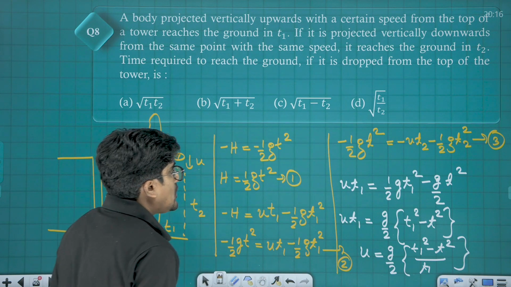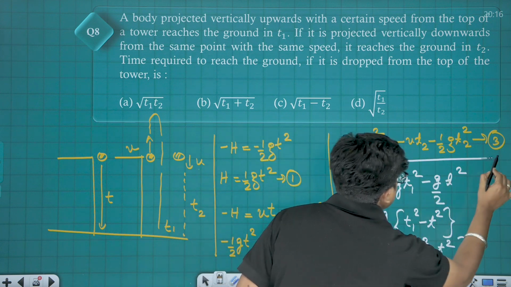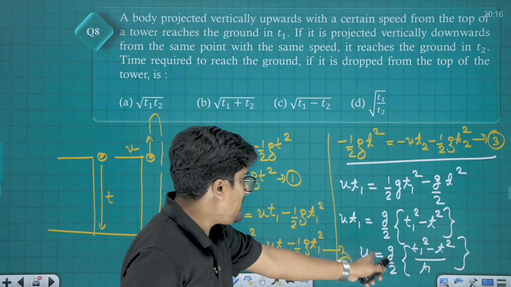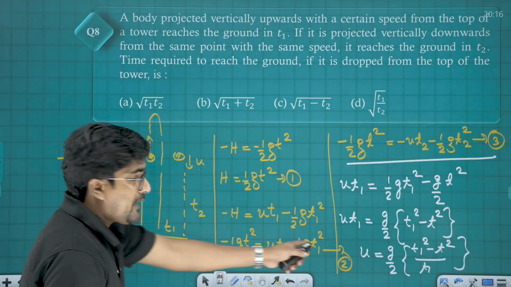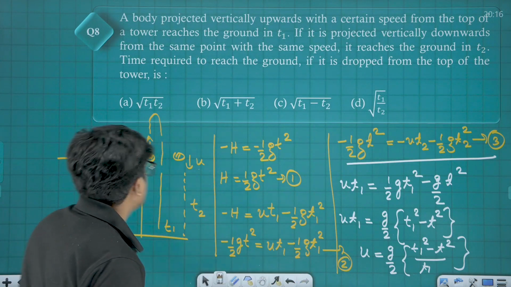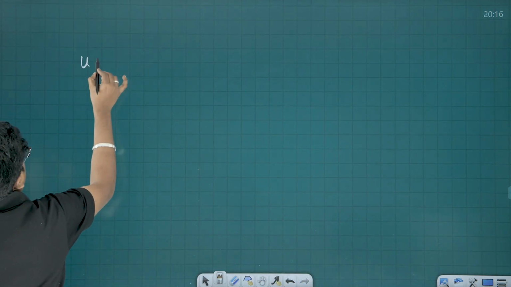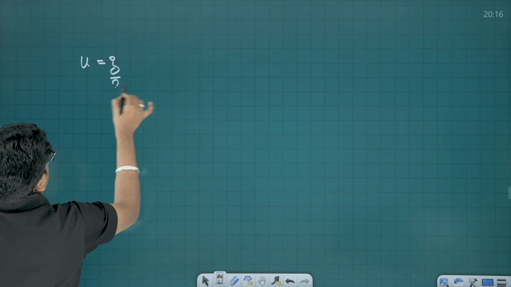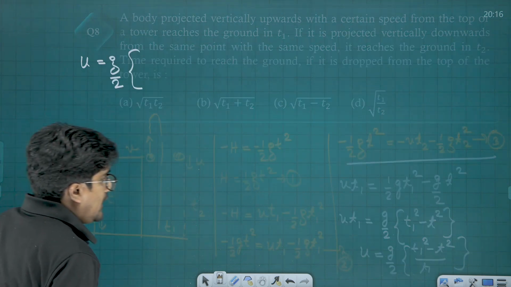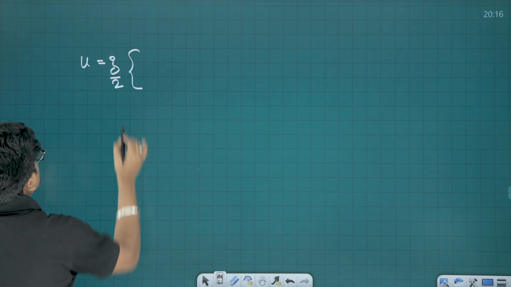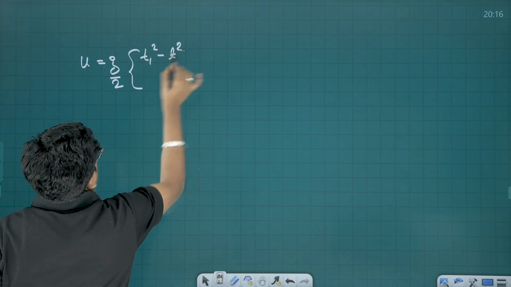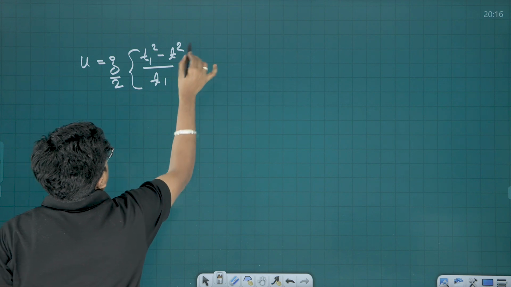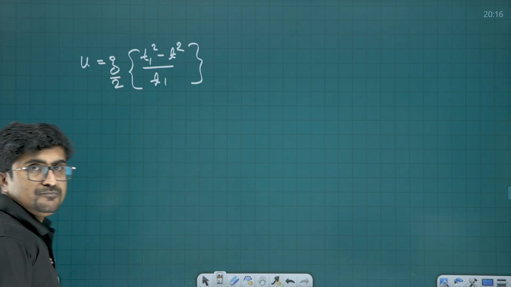Now my focus is on expression number 3. Here I write the expression for u: u is equal to g by 2 into t1 square minus of t square, all divided by t1. This is what I got for u.